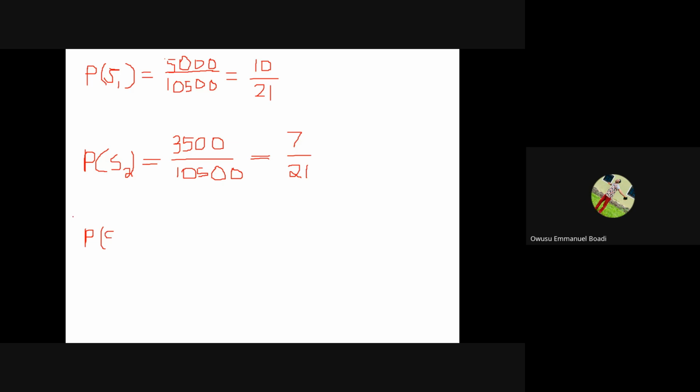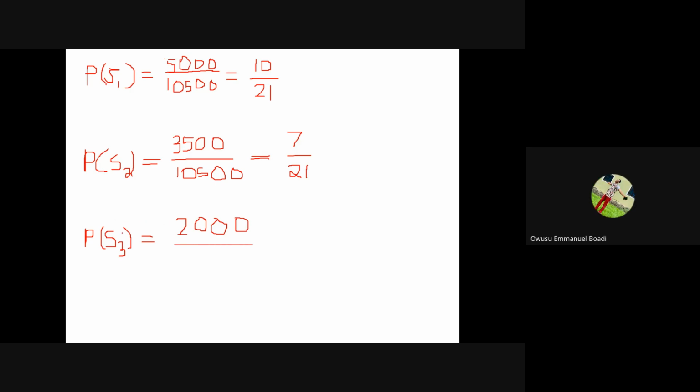Please, can we also write it as 1 on 3? Yes, please, you can write it as 1 on 3. The reason is we wanted to leave everything in the denominator 21 for simplification of addition, so we don't have to find the LCM once again.